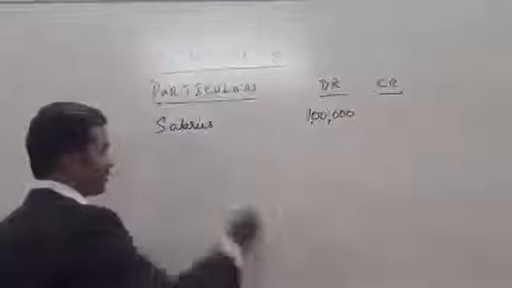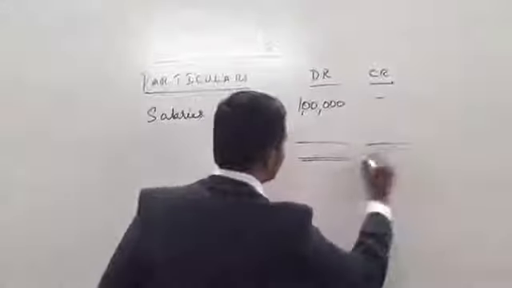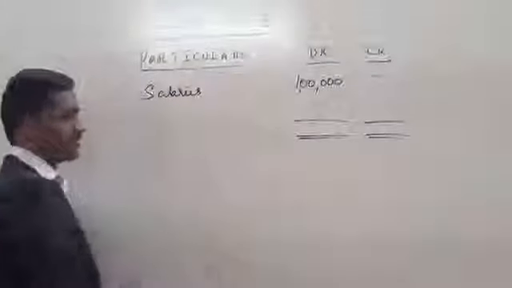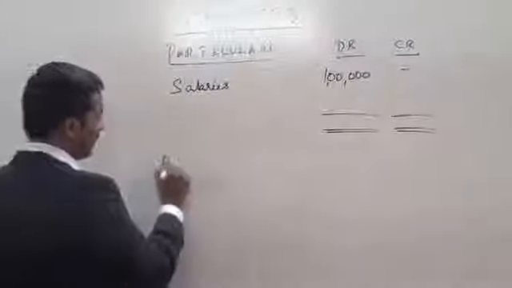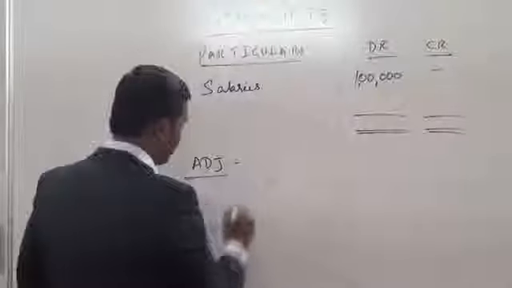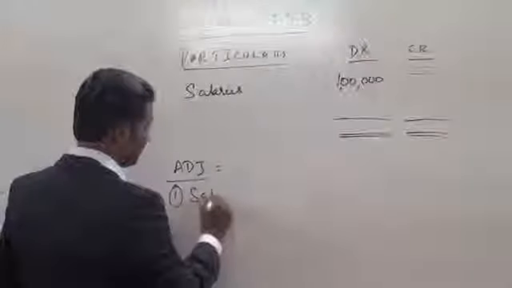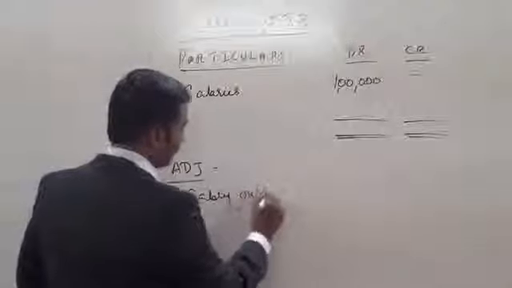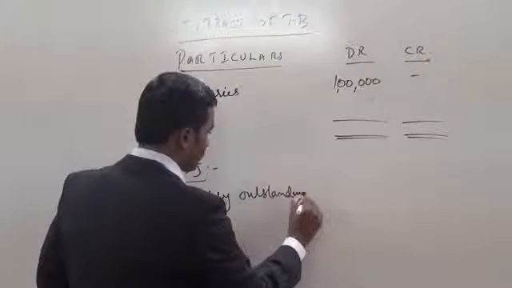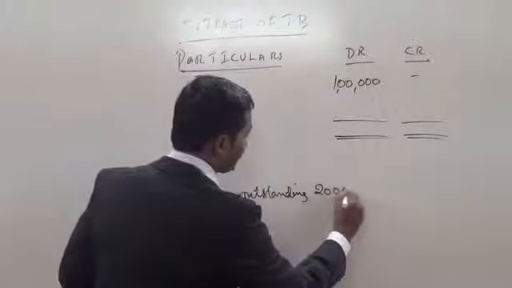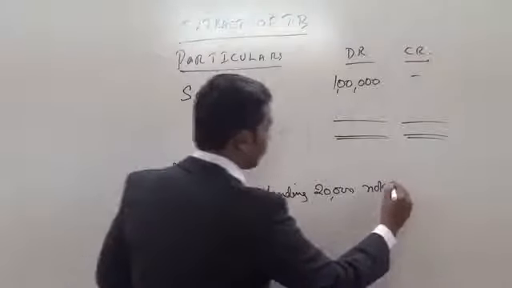There are no credit items. I am going to stop the trial balance here. I am going to take only one item in the trial balance. Okay. And in adjustments, you are given some information. Salary outstanding 20,000 not recorded.